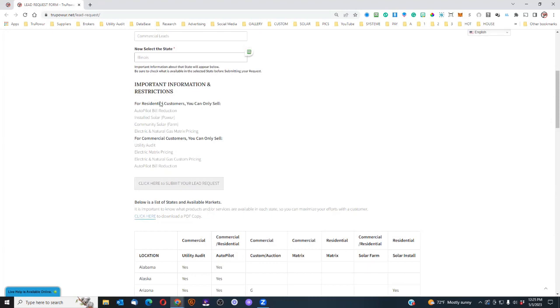So I selected commercial. That means I can do the utility audit, electric matrix pricing, electric and natural gas custom pricing, which is the same as the reverse auction, as well as AutoPilot bill reduction. This also has a lot available for residential customers as well.